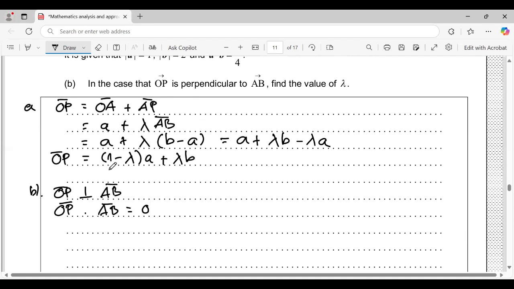So OP equals this expression, (1 minus lambda) a plus lambda b, dot AB, which is (b minus a), equals 0.